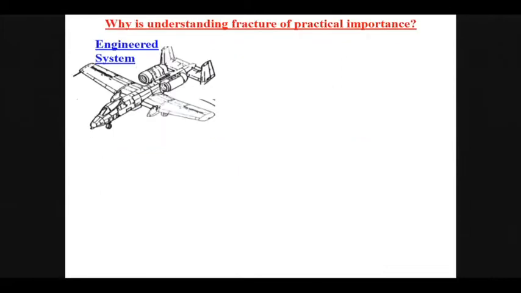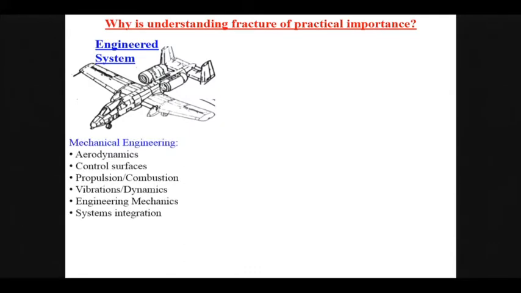So why is this of practical importance? Well, we had a morning full of pipelines. If I look at an engineered system like an airplane, in the US I used to do a lot more connection with aerospace. There are all kinds of mechanical engineering problems when you have this airplane, which happens to be a US Navy airplane.